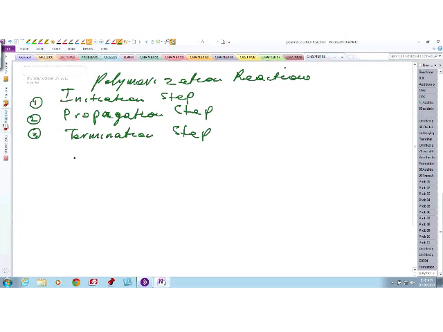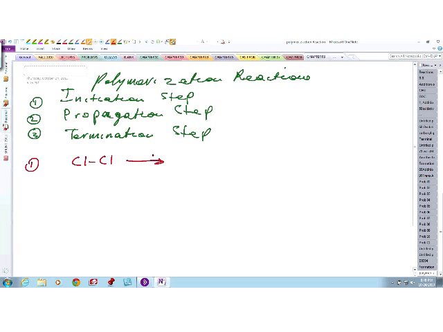In the case of polymerization to form polyethylene, we will have to start with what we call an initiator. Let us imagine that for step 1, we have 2 chlorine atoms joined together, which is a chlorine molecule.